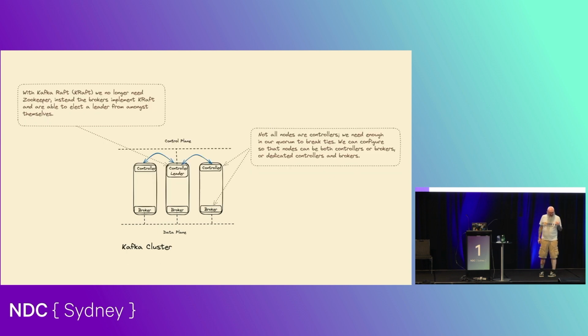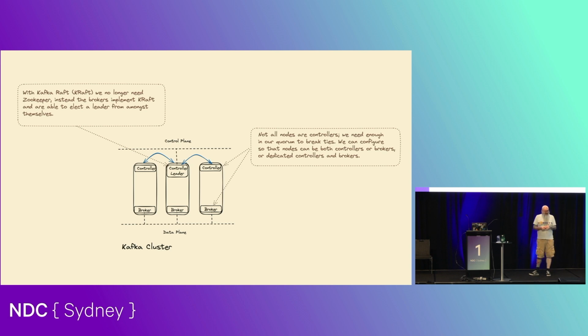So from about version 3.3, I think, Kafka basically now runs without Zookeeper. And to do that, essentially, it has an implementation of the consensus algorithm called Raft, Kafka Raft, or Craft for short. Software engineers, aren't we great?